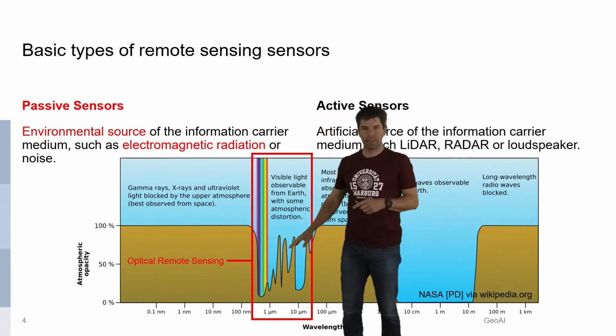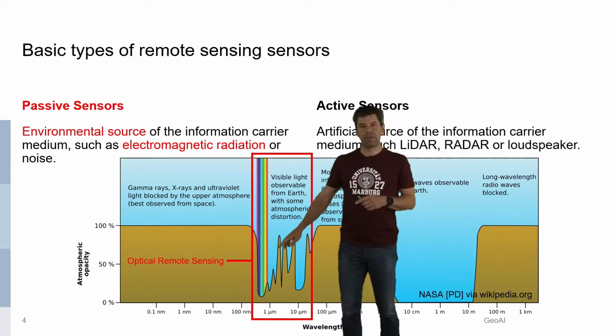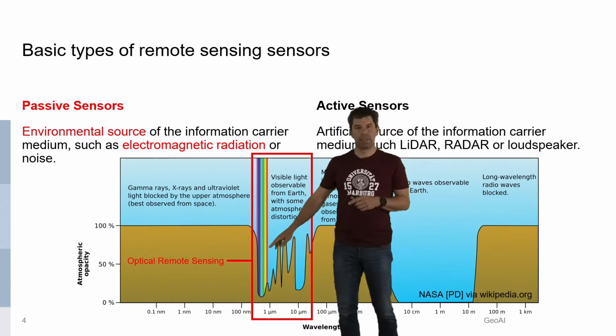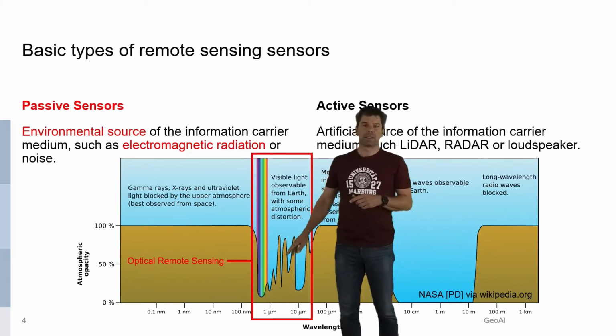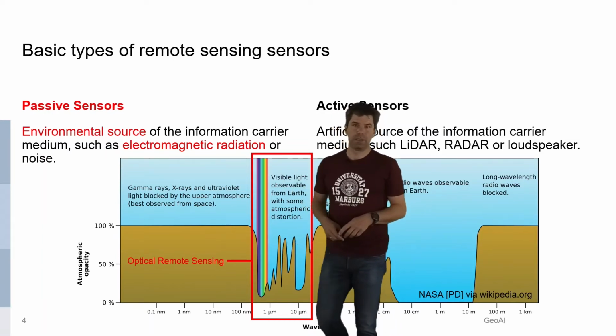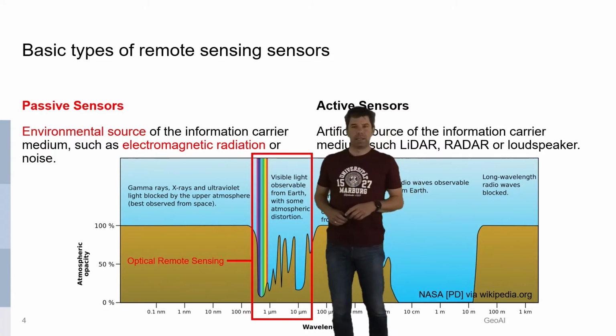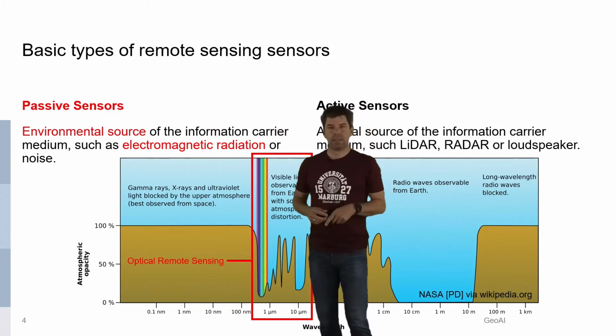And you see that in that range where these optical remote sensor systems operate, there are quite a few such areas where the radiation can penetrate through the atmosphere. These are so-called atmospheric windows. But there are also small regions where the radiation can hardly pass the atmosphere, which are called absorption bands. And that's the range we're talking about when we talk about optical remote sensing systems.